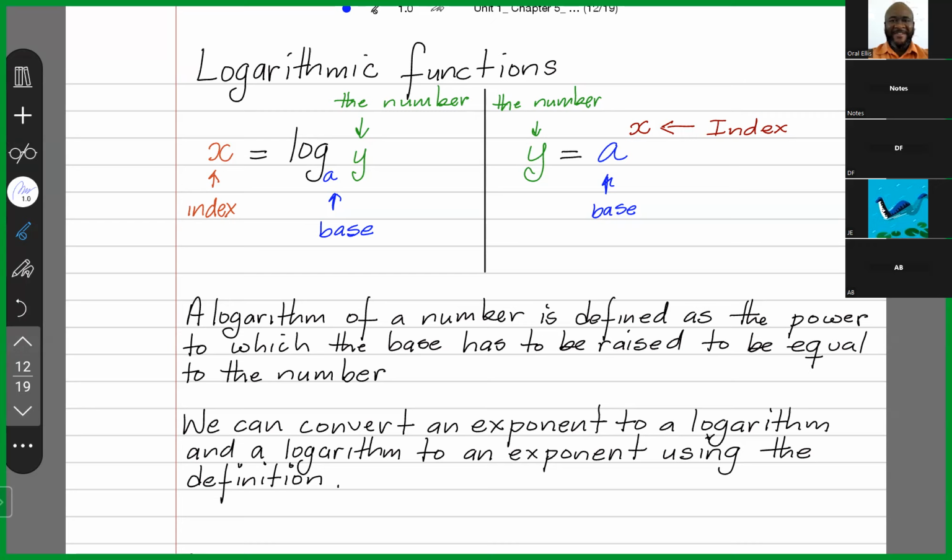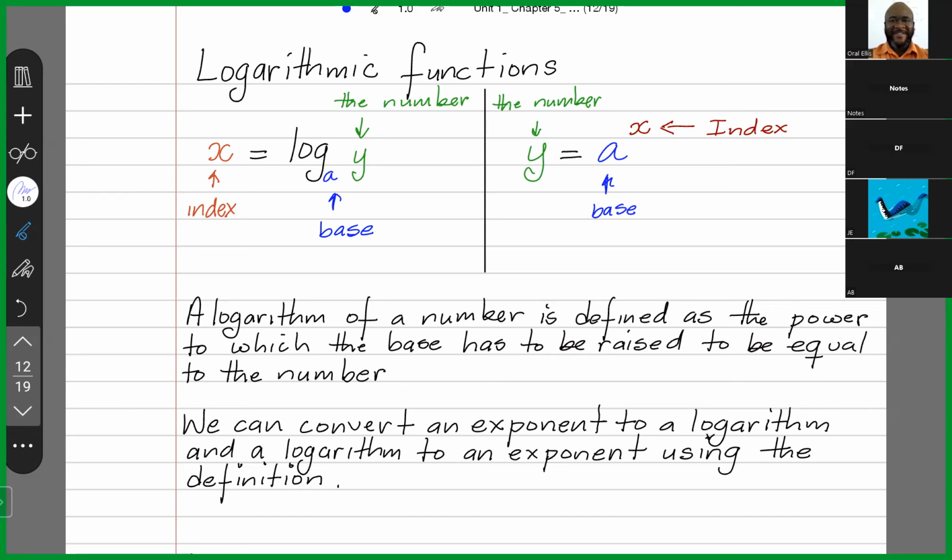So the statement reads, x is equal to the log to the base a of y. We're finding the logarithm to the base a of y, and that is equal to x. The form on the left is called the logarithmic form.